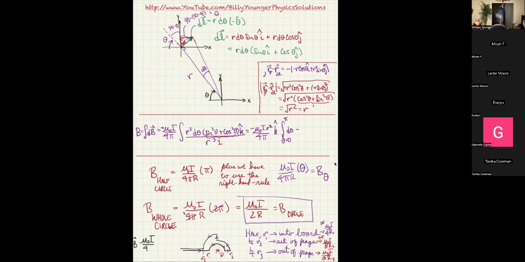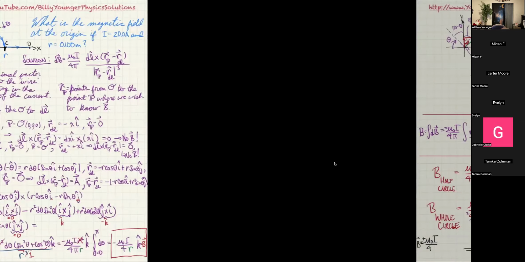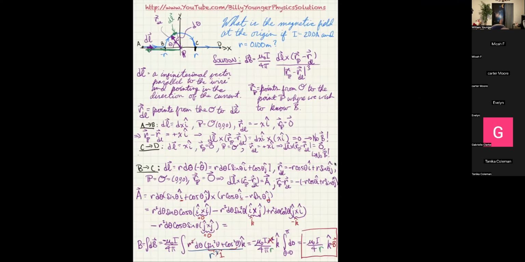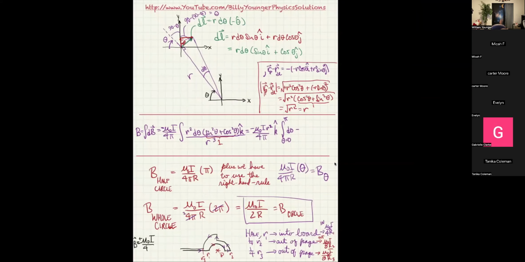I'm going to say B equals, and I'm going to put a positive sign on it. It's positive because what we got before was a negative k hat direction, which is into the page. So I'm treating positive k hat as out of the page. So those 2 1/4 are going to be positive, and they should, I think, ultimately give you a better result.